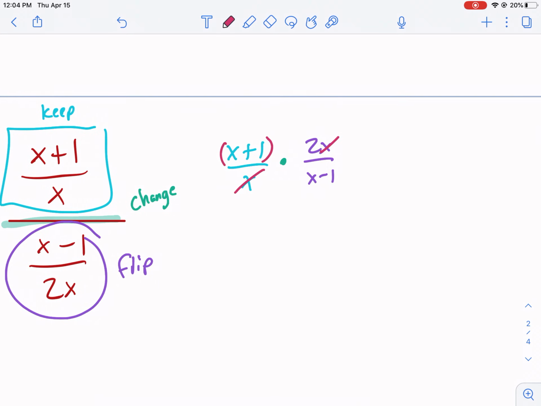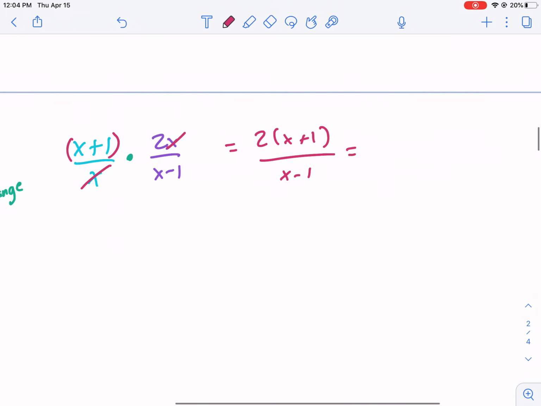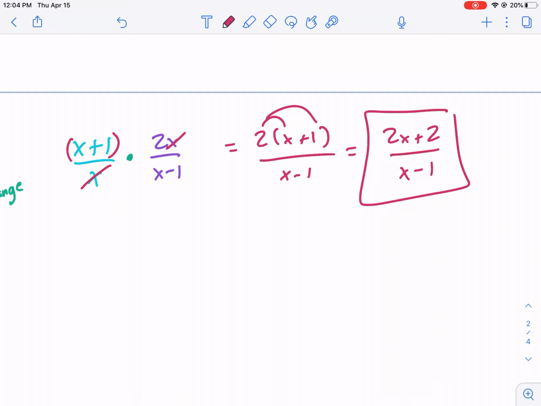I like to put this in parentheses for the multiply, so I have 2 times x plus 1 in the top, and then x minus 1 in the bottom. I could expand the top to make it 2x plus 2 after distributing. Either one is fine, but this one is probably a little bit better. So that's going to be our answer.